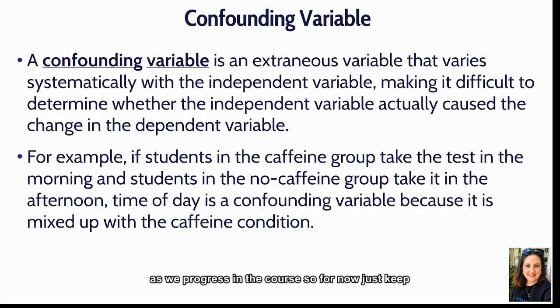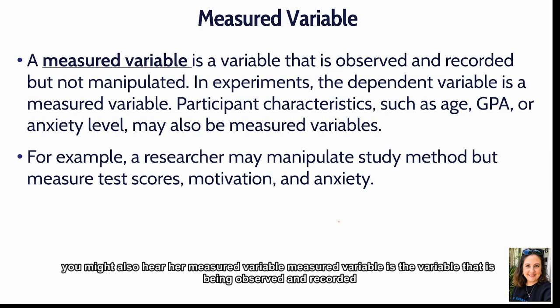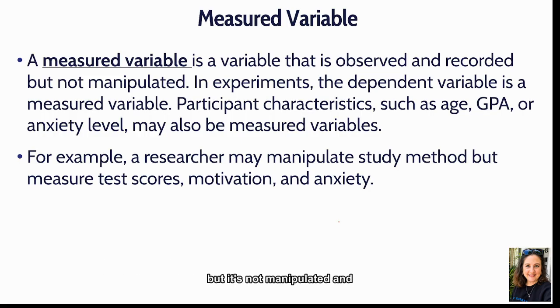So for now, just keep in mind that confounding variables are out there. You might also hear the term measured variable. A measured variable is the variable that is being observed and recorded, but it's not manipulated. And in an experiment, this is going to be your dependent variable.